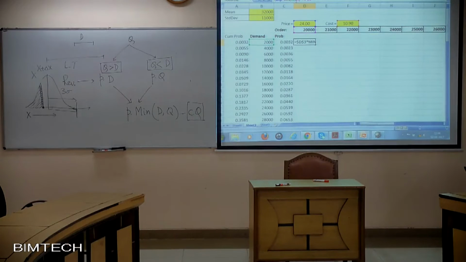Similarly, D4 is our cost. Oh, I'm so sorry. Not D4. I'm sorry, F3. Okay. F3 is our cost, and I'm going to put $F$3. And the reason I'm completely freezing these two cells is because I'm going to drag this down as well as I'm going to drag this across. So my price and cost values must be frozen.